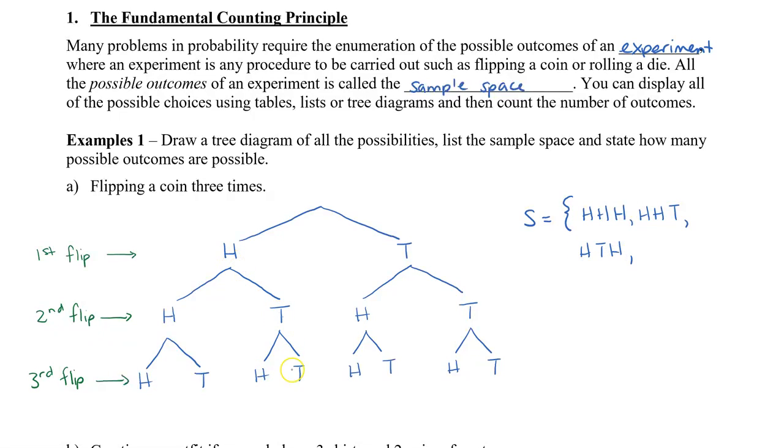And then head, tail, tail. Now with this tree, I'm guaranteed to get and list all my possibilities. So in total, we can see that there are 8 outcomes.